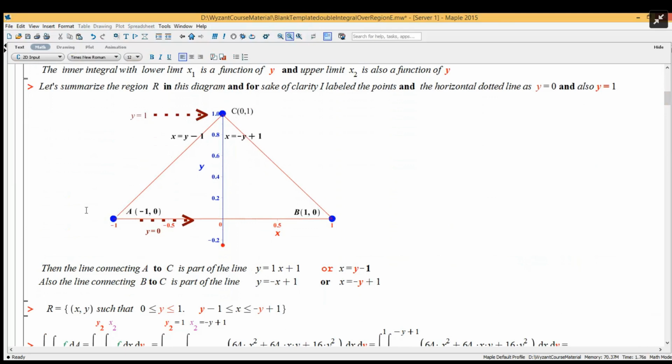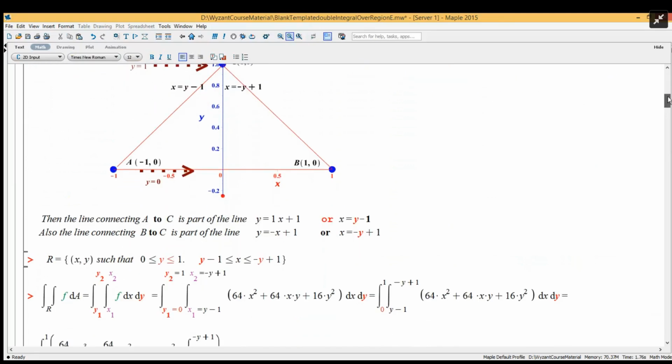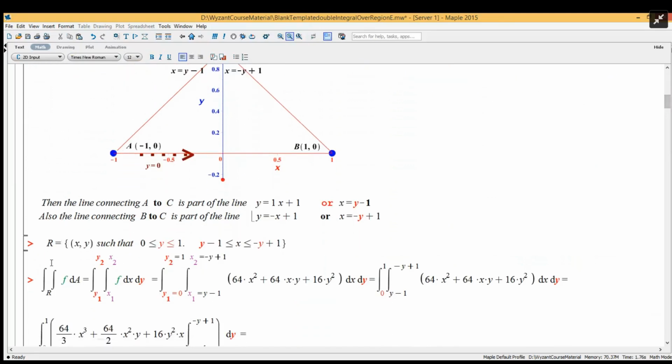And then similarly for the line connecting point B to C, normally we write this as y equals minus x, or we can have it as x equals minus y plus 1. So those are all the missing ingredients we need to fill out in the description of the region.